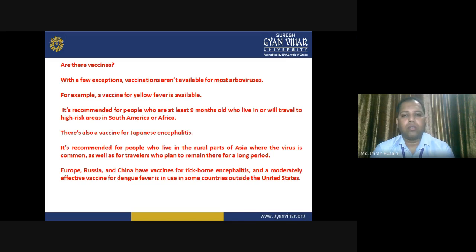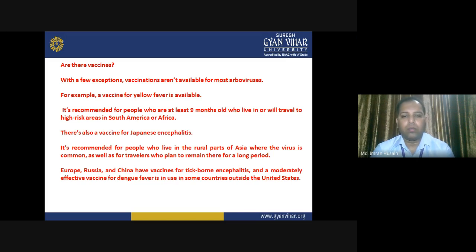There is also a vaccine for Japanese encephalitis. It is recommended for people who live in rural areas of Asia where the virus is common, as well as travelers who plan to remain there for a long period of time.